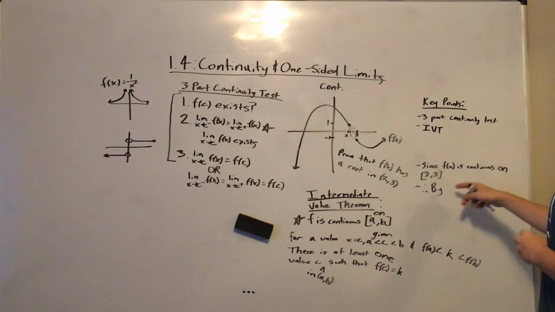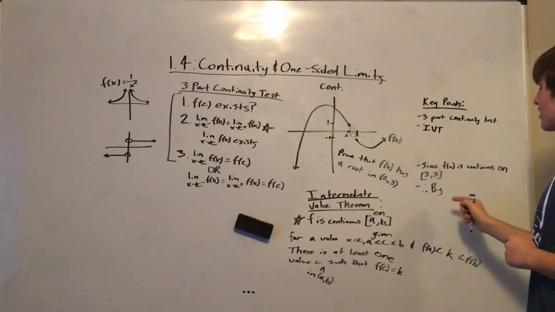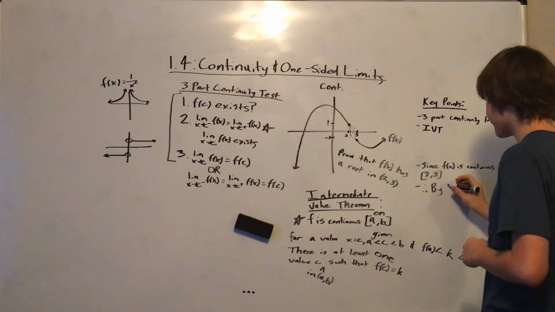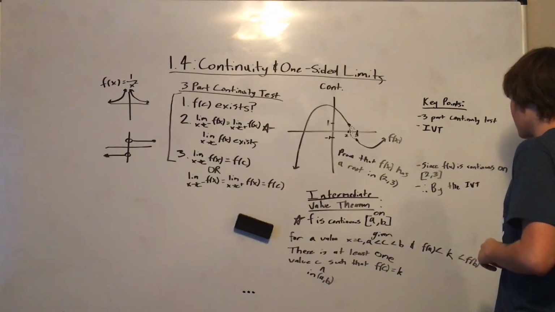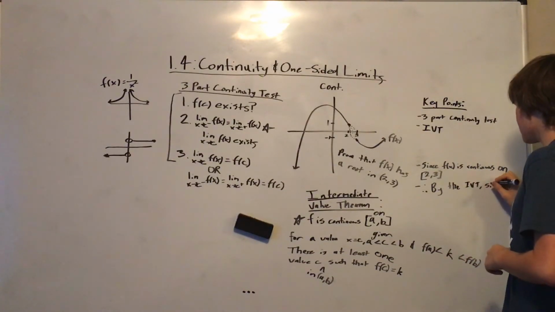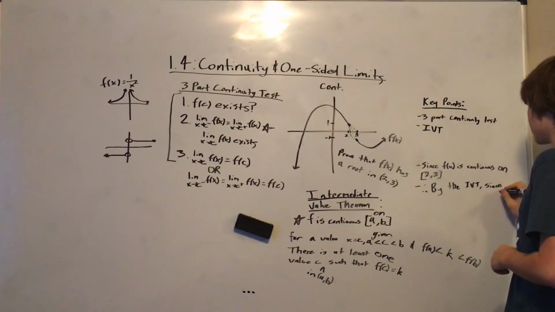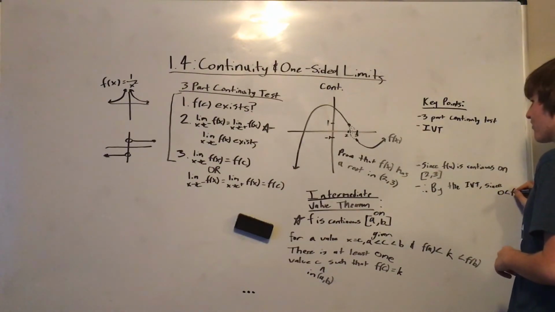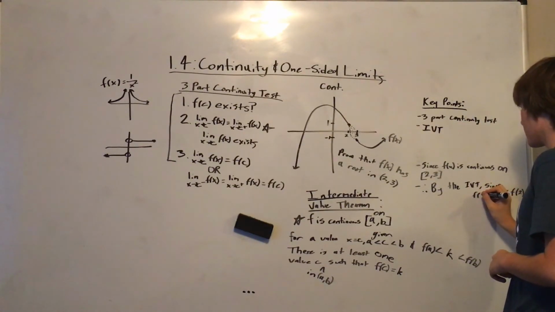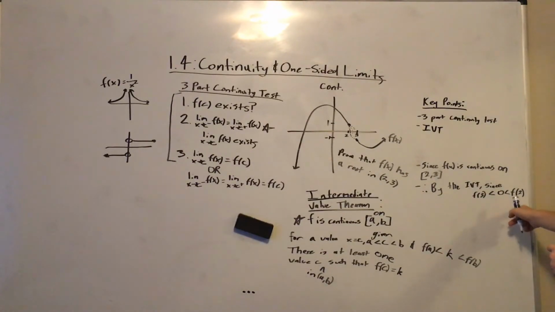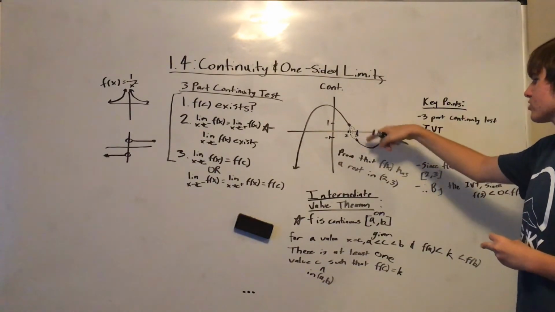Since f of x is continuous on the closed interval [2, 3], by the IVT, since 0 is less than f of 2, which is less than f of 3, meaning that 0 is between these two functional values.